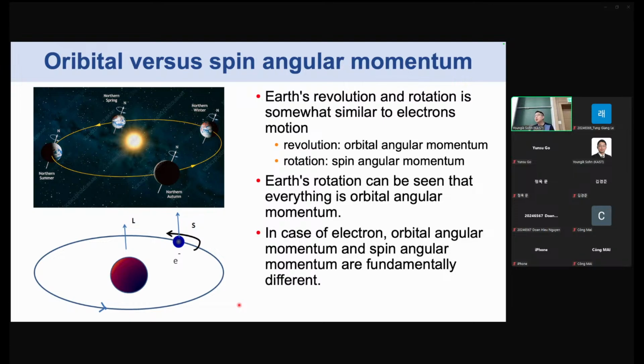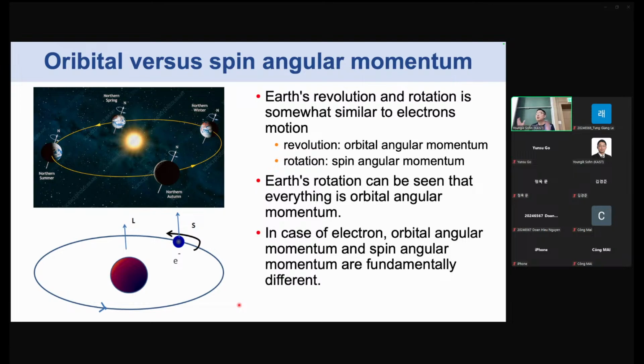But the electron's case is somewhat different. For the electron, orbital angular momentum is coming from the fact that the electron is spread over space. Okay, it has a space coordinate. So that's the origin of the orbital angular momentum, but spin itself has nothing to do with that. You assume the electron has no size, okay? But still it has a spin.